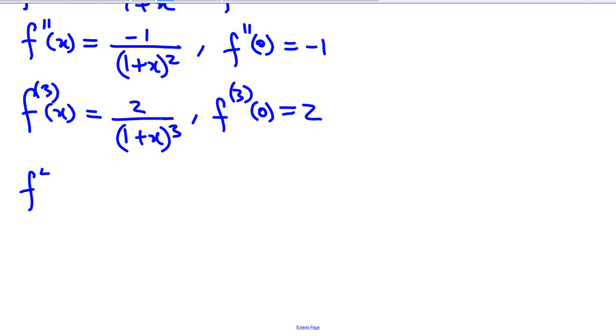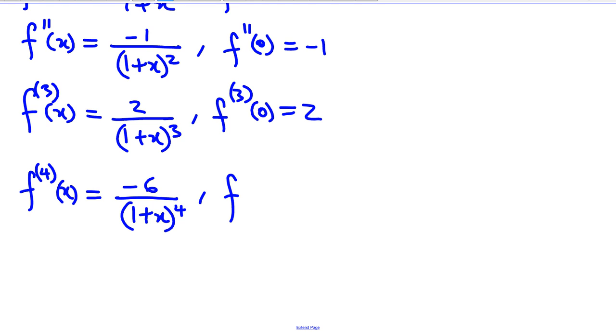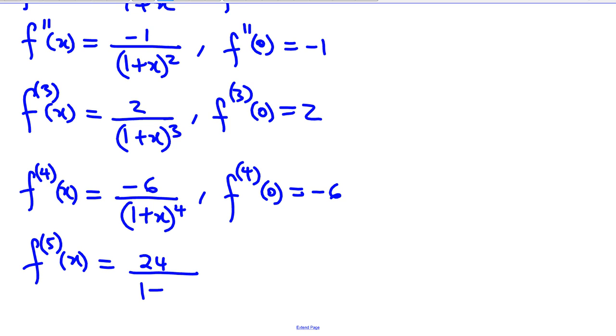The fourth derivative of this function will be equal to negative 6 over (1 plus x) to the power 4. So the value of the fourth derivative at x equals 0 will be equal to negative 6. The fifth derivative of this function will be 24 over (1 plus x) to the power 5.